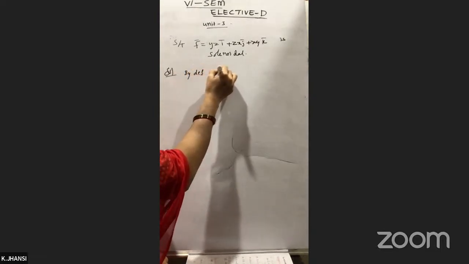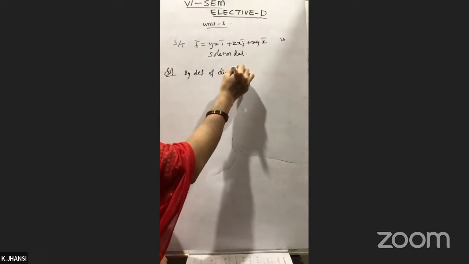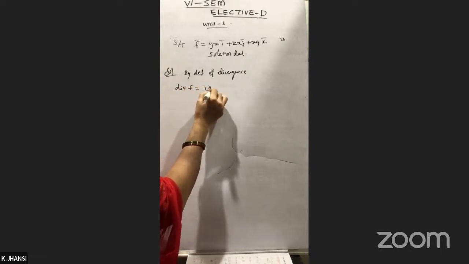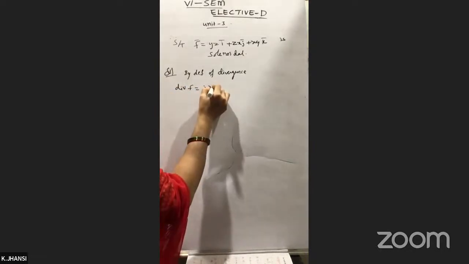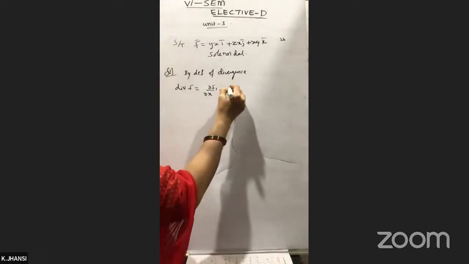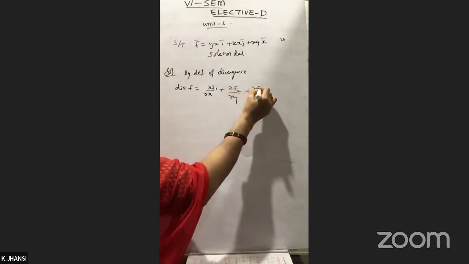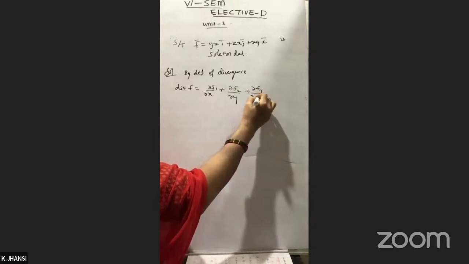So for that, to show that it is solenoidal, divergence should be equal to 0. By definition of divergence, div f is equal to i dou by dou x plus j dou by dou y plus k dou by dou z, dot f.